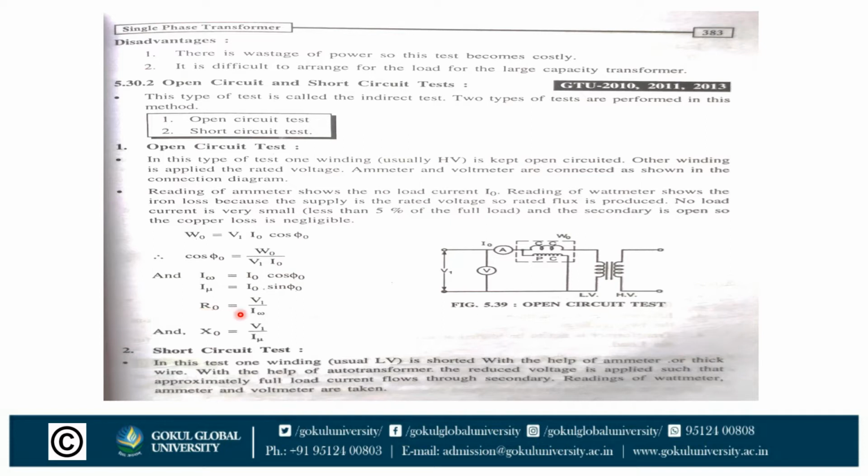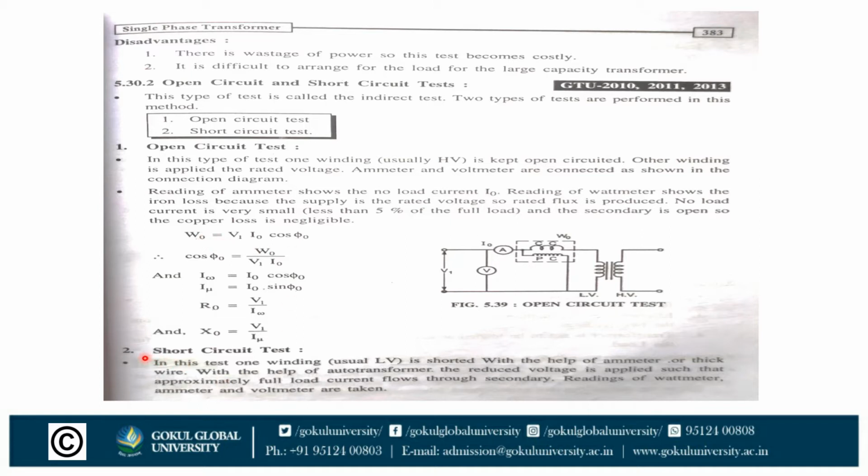Now R0 is equal to V1 by Iw and X0 is equal to V1 by I mu, the magnetizing current. Okay. Now from the open circuit test we can find out the resistance, reactance, working component of current, magnetizing current component, power factor and no load power.